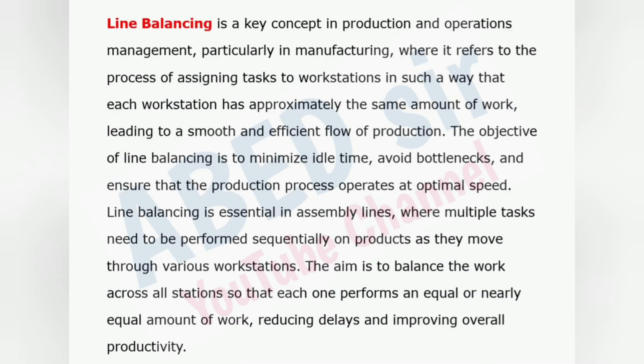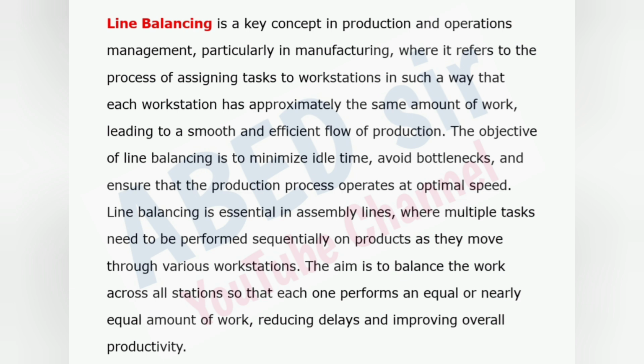Next important short question is: Line balancing is a key concept in production and operations management, particularly in manufacturing, where it refers to the process of assigning tasks to workstations in such a way that each workstation has approximately the same amount of work, leading to a smooth and efficient flow of production.